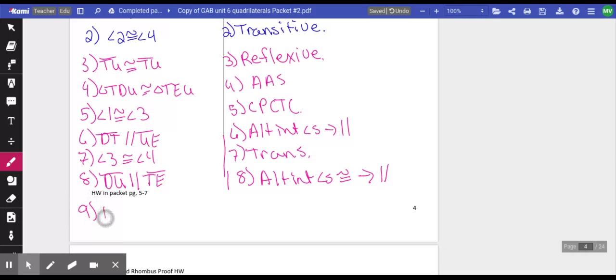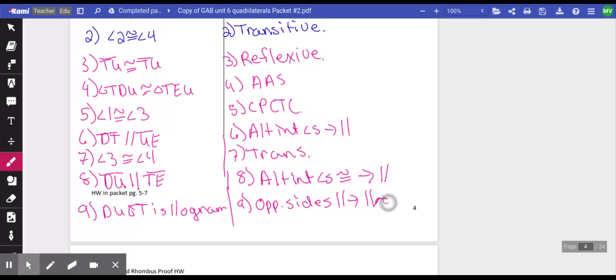Then I know that DUET is a parallelogram. Opposite sides parallel implies parallelogram. And I know that it's a rhombus because it's a parallelogram with a diagonal bisecting both angles.